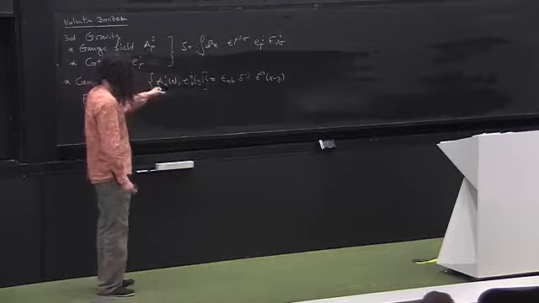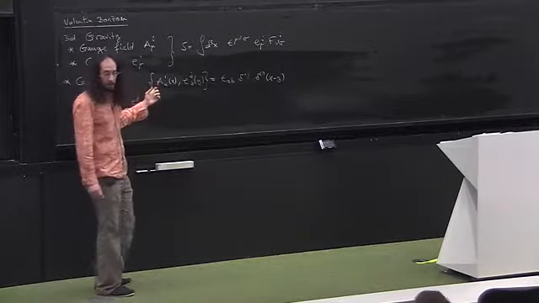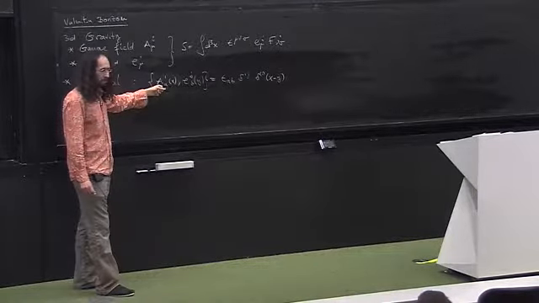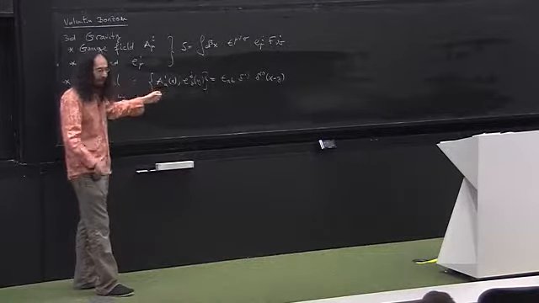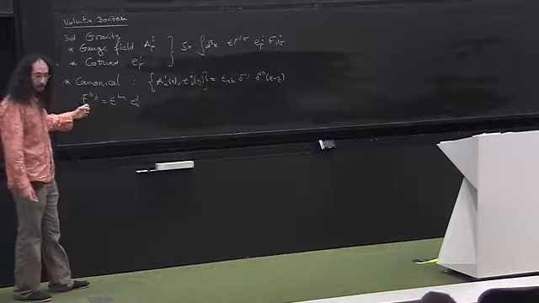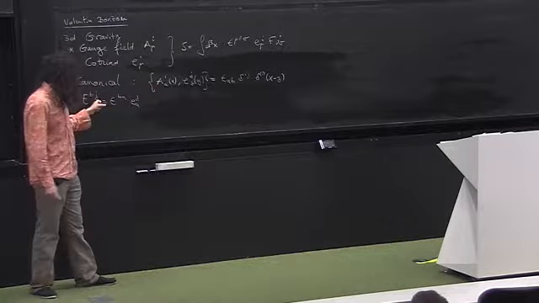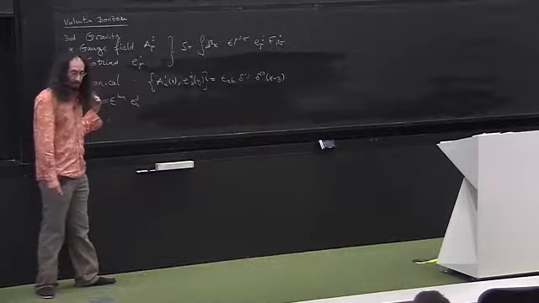So, for example, in electrodynamics, you would have here the gauge field, and here the electric field. But they would carry only the a and b indices. They wouldn't have i and j's, okay?